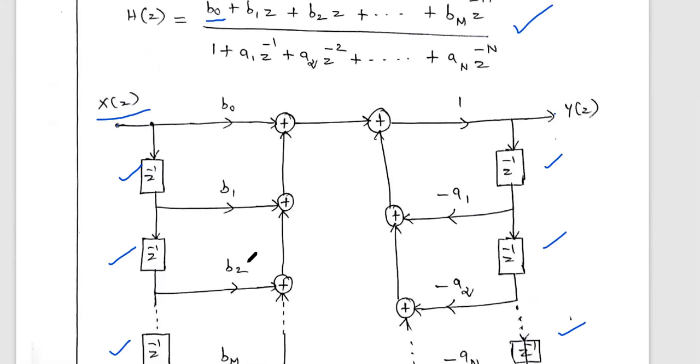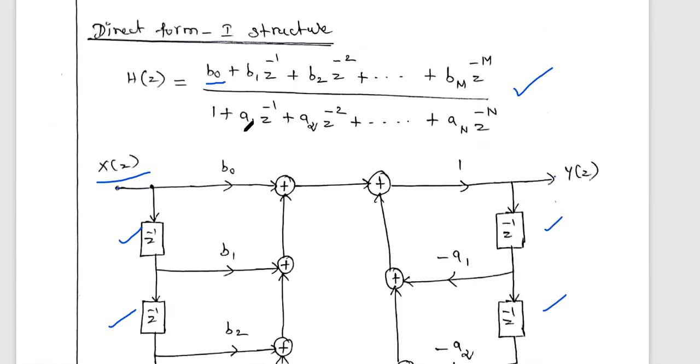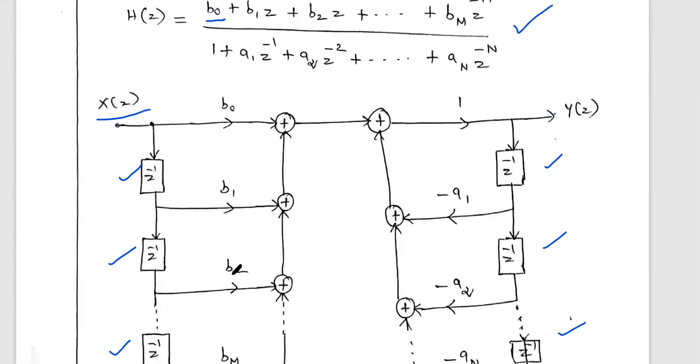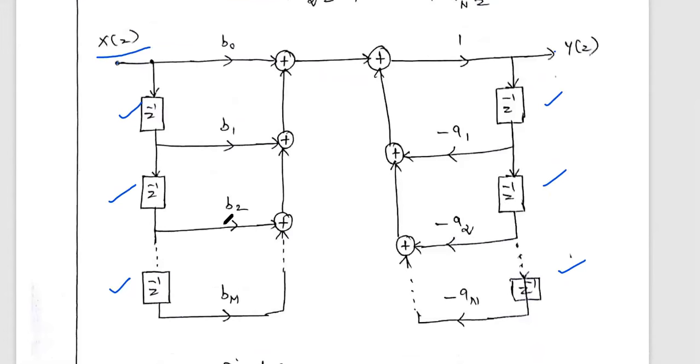The first half diagram is nothing but this numerator. The numerator is achieved by the first term b naught, plus b1 z inverse. The b1 z inverse is achieved by x of z delayed by one time and multiplied with b1, and after 2 time delays we multiply with the coefficient b2.